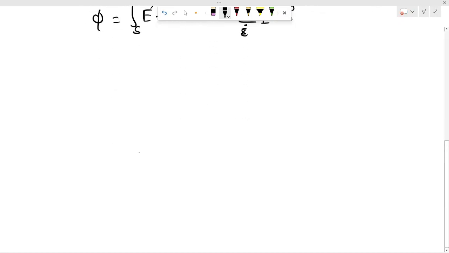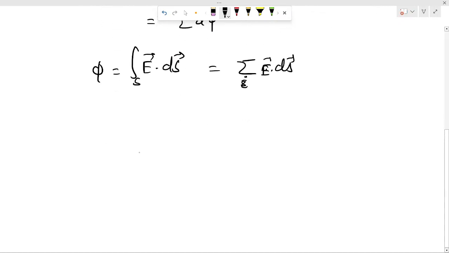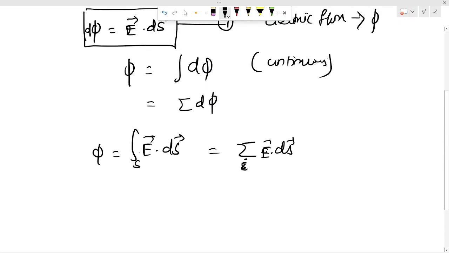When I am taking the summation, that is for a discontinuous surface.